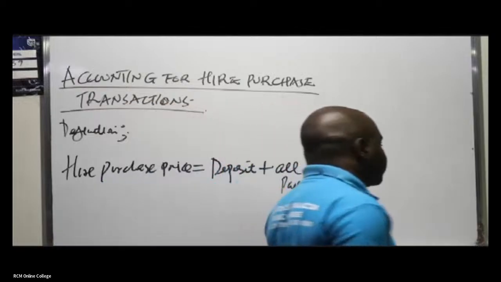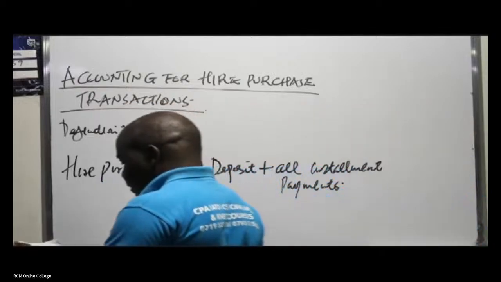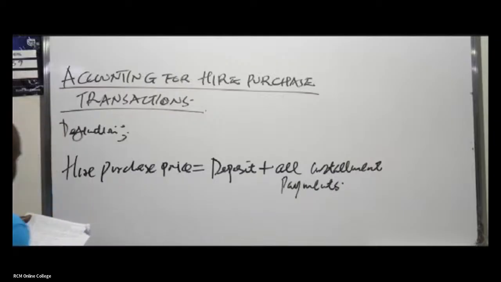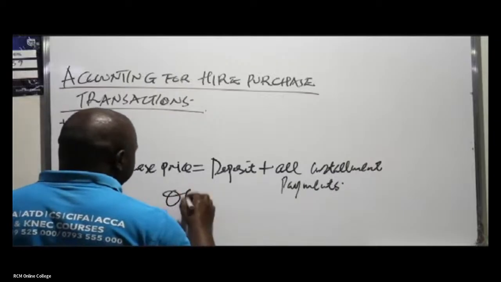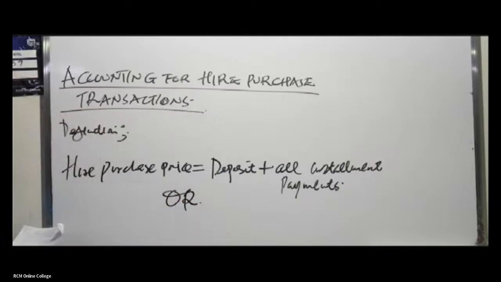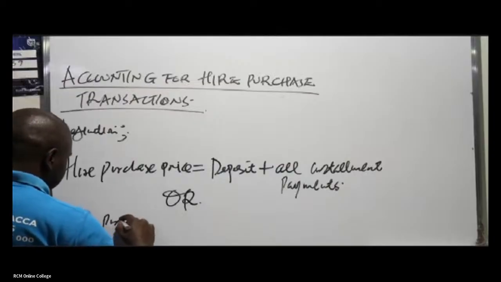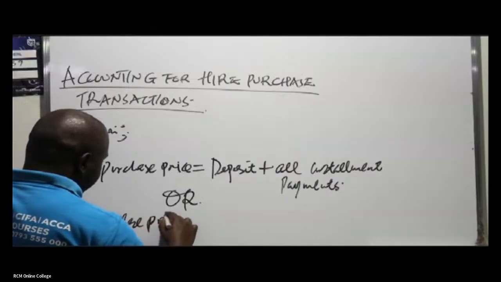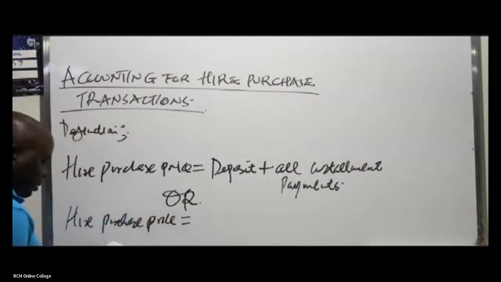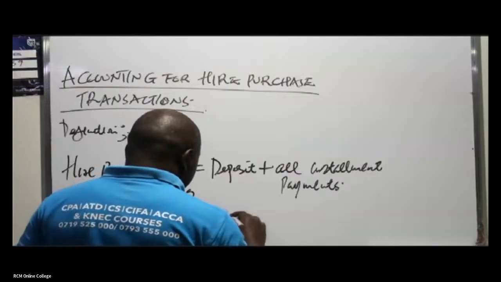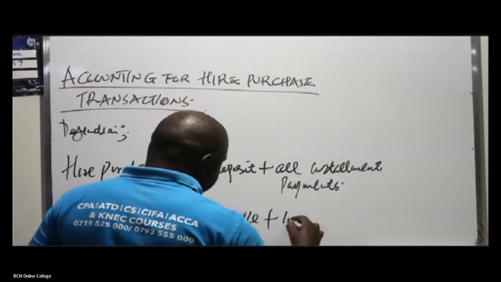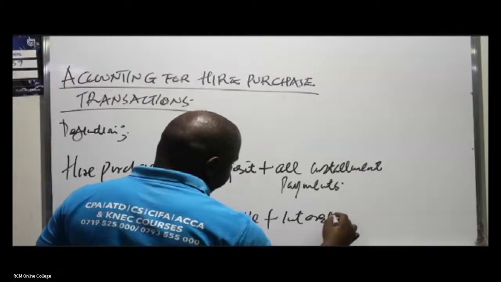Or alternatively, this is how the hire purchase price is normally determined. Hire purchase price is equal to cash price plus interest.